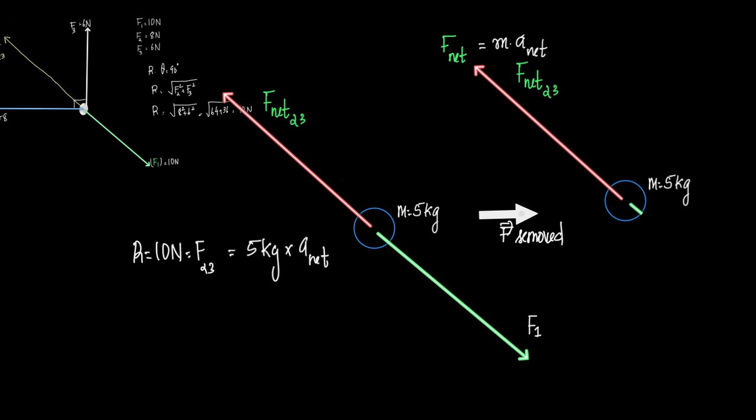So 10 Newton is equal to 5 kilogram into A net, and therefore A net becomes 10 by 5, which is equal to 2 meter per second square. So the correct option is 2 meter per second square.